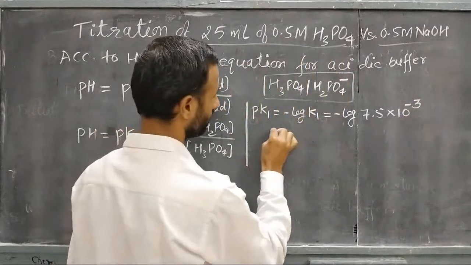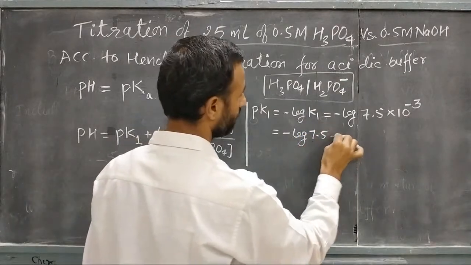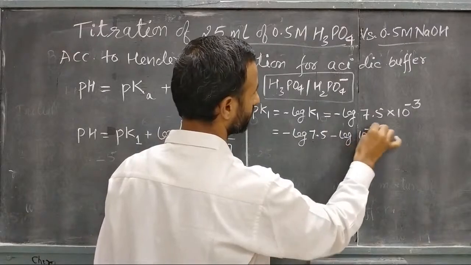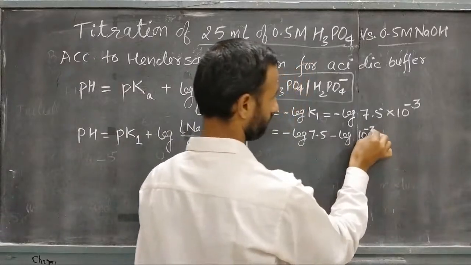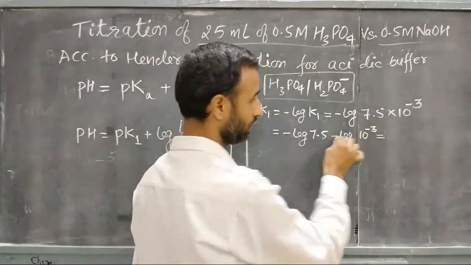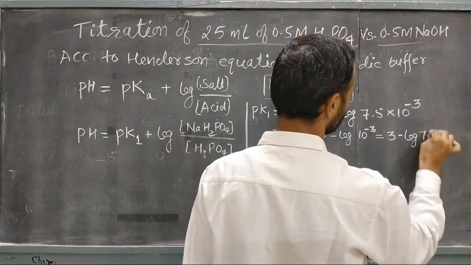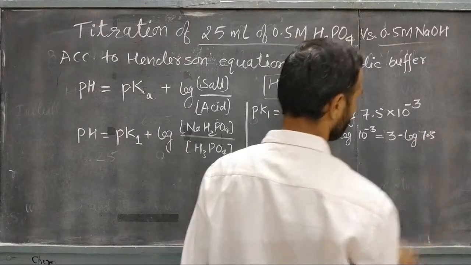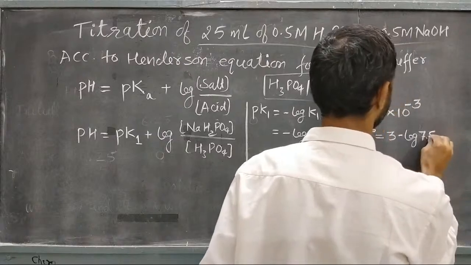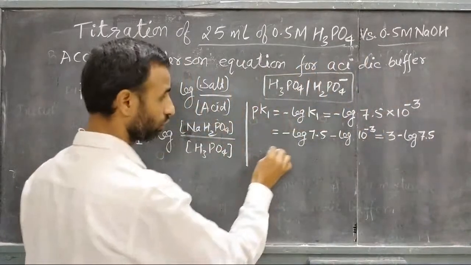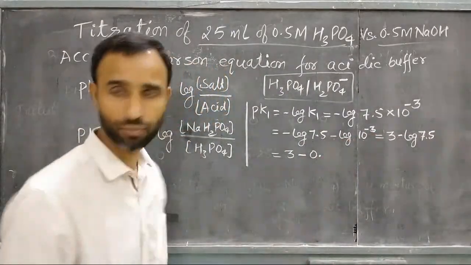So that is minus log of 7.5 minus log of 10 raised to minus 3. So it becomes 3 minus log of 7.5. Right?